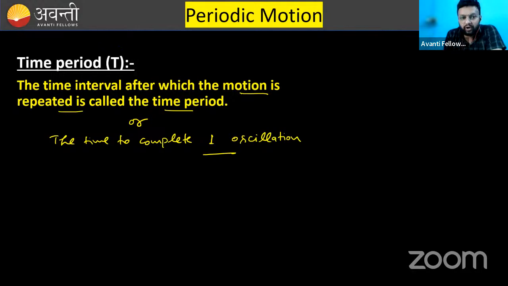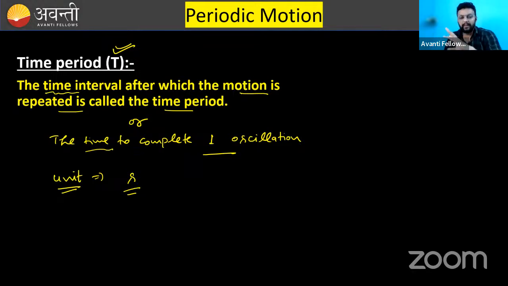It is denoted by capital T. Then what will be the unit of time period? This is again a very fundamental, very basic thing. Just reply. The time to complete, it's a time. If it's a time, then its unit is second. Moving further.